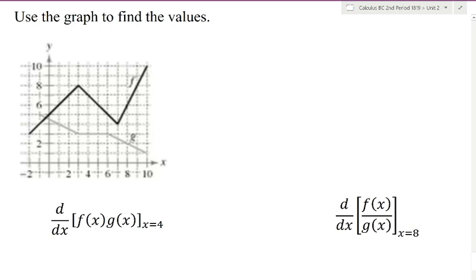So, y'all give these a shot. The derivative of f times g at the point where x equals 4 and the derivative of f divided by g at the point where x equals 8. Do one of them.